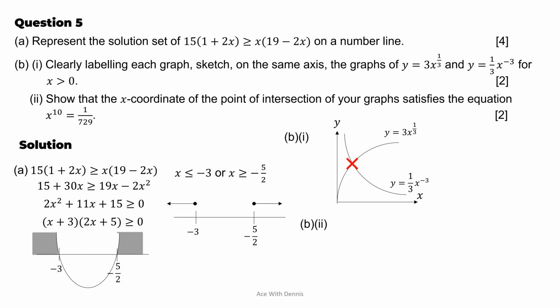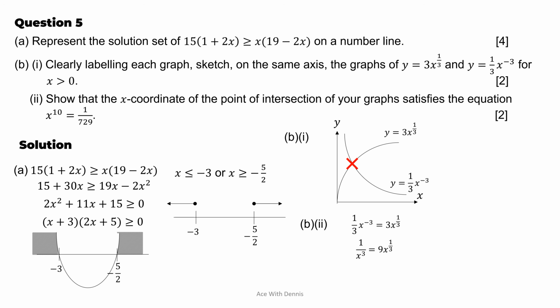Now for part 2, these two graphs intersect at one point. Therefore, we can equate these two equations to find the x-coordinate of the point. So it's 1/3 x to the power negative 3 equals 3x to the power 1 over 3.